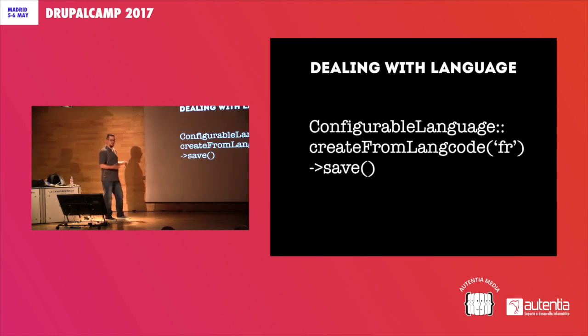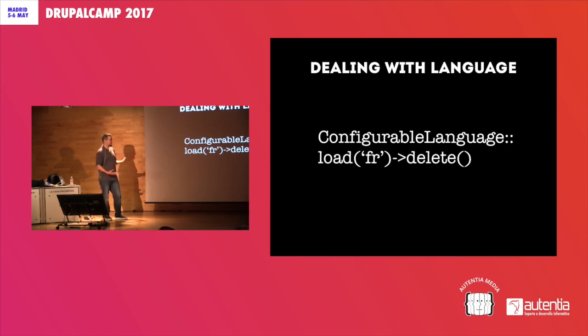And if you want to use the standard languages, you have a method called createFromLangcode, which gives you the label of the language and everything, so you only need to use the langcode and save, and your language is set up on your system.